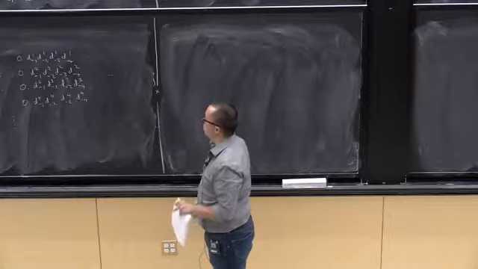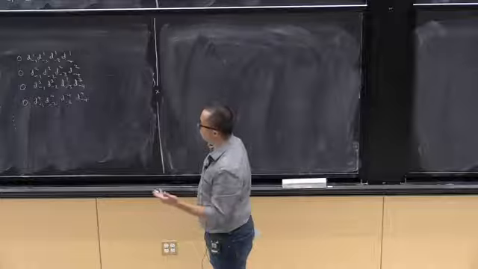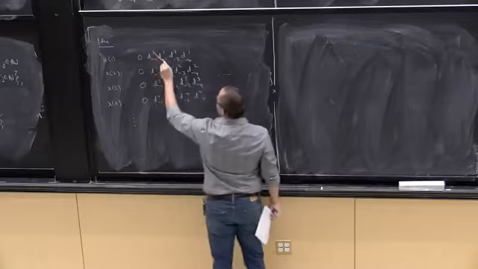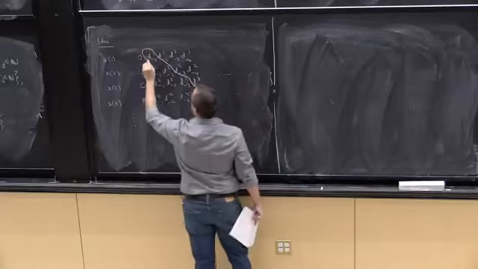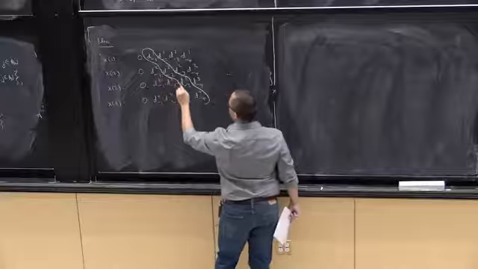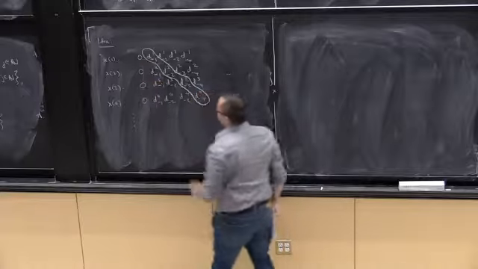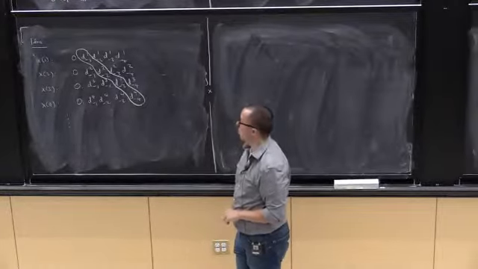So the idea to come up with a real number between 0 and 1 that is not in this list is that we go down the diagonal of the decimal expansions and we change each decimal to something else than what it is.